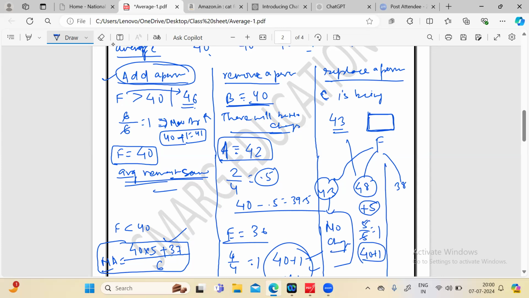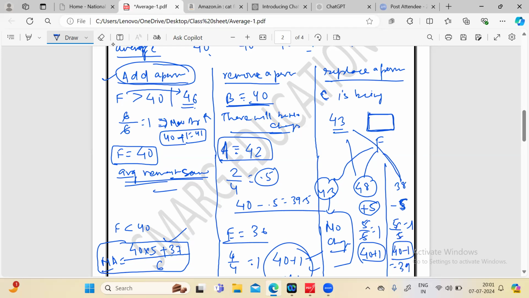Similarly, if F has a value of 33, and 43 is being replaced by 38, not 33, the total will be less by 5. The new total will be 5 less than the previous total, which will be shared by all the 5 values, 5 divided by 5, which is 1. And the new average will be 40 minus 1, which is 39.